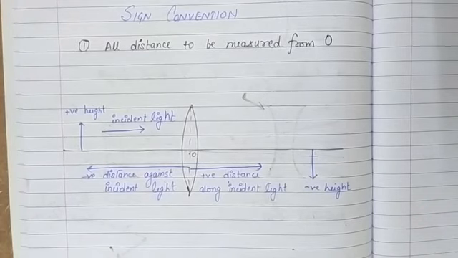Otherwise, if we are measuring it in a direction opposite to the incident light, then we take it as negative.